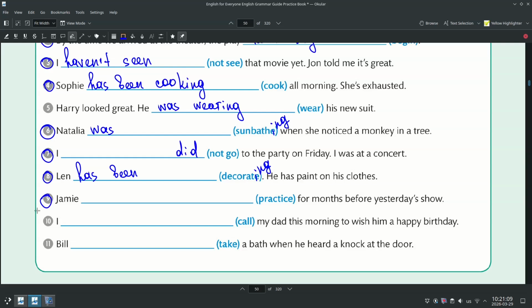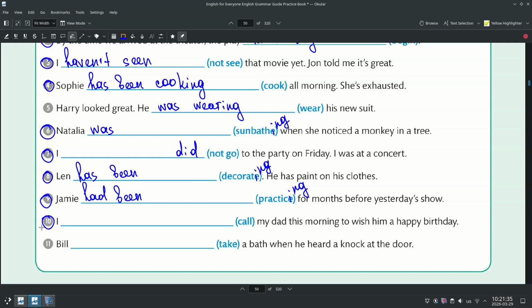Jamie practiced for months before yesterday's show. Jamie had been practicing for months before yesterday's show.